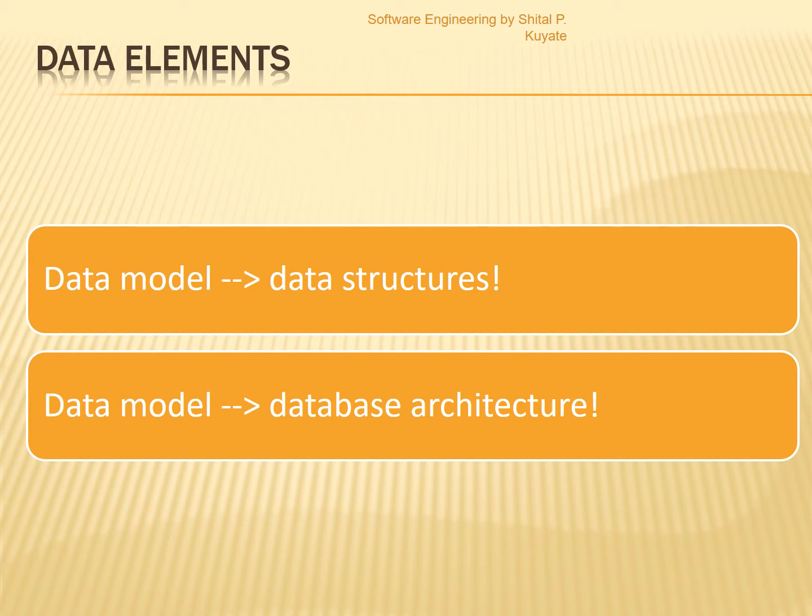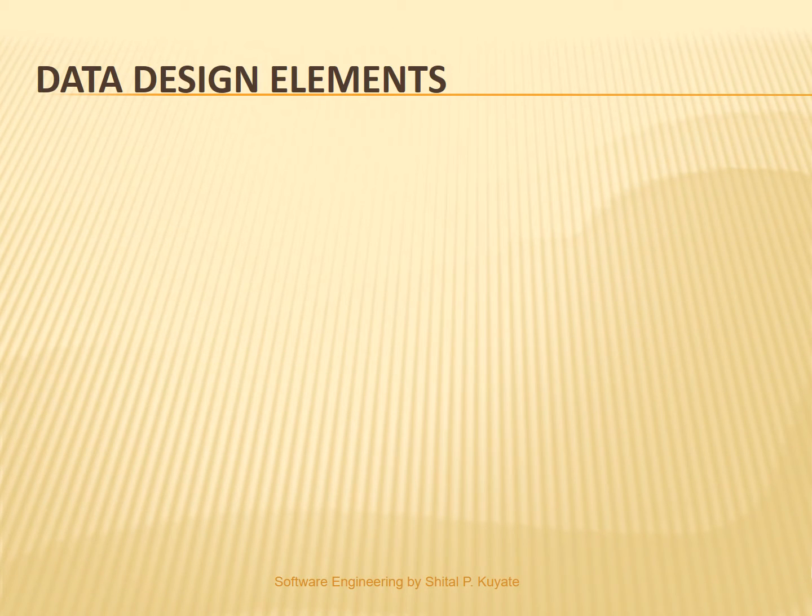So let us start with the first one, the data elements. Basically, data design, or we can say class design, transforms analysis classes into design classes along with the data structures required to implement the software. Let's have a look at the data design elements.